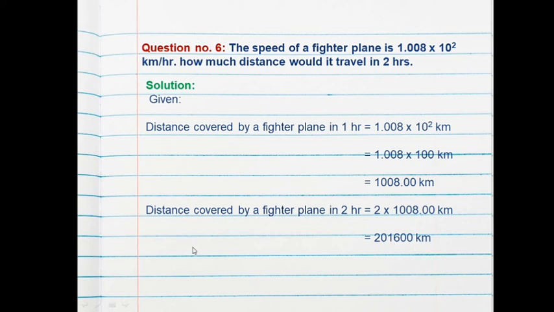It means the distance covered by a fighter plane in 2 hours is 2,01,600 kilometer. Now we will write it in an exponential form. So it will become 2.016 into 10 raised to the power 2 kilometer.